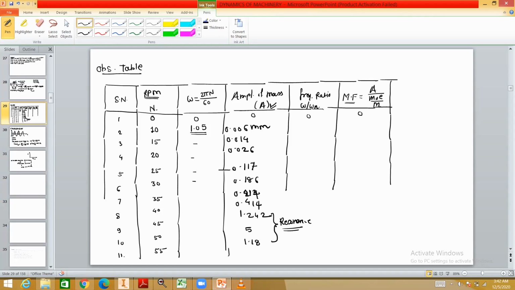When we design any vibratory system, we should avoid this region, otherwise there is a chance of failure of the system due to excessive oscillations. Then at 60, we have the value 0.76, and there is one extra reading, 65, where the value is 0.61.